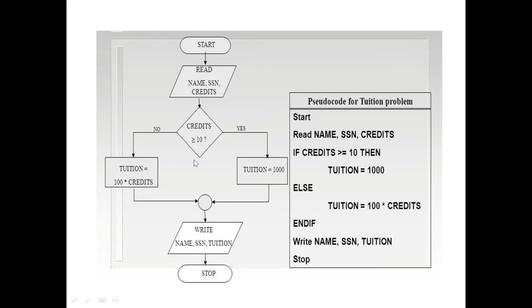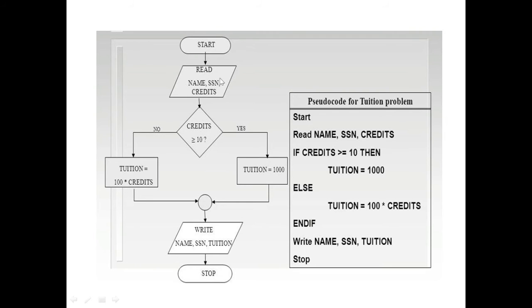Now next, as you can see, going from one block to another is done via arrow shapes. When you go from one block to another inside the flowchart, you will use these arrows, which indicate you are going from start to an input output block and not the other way.